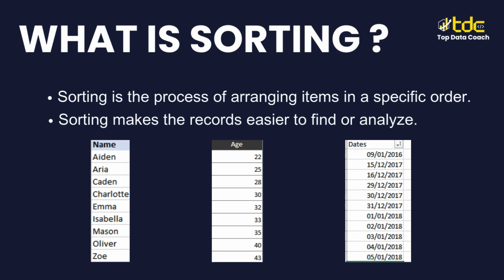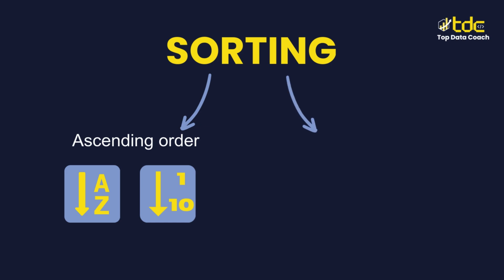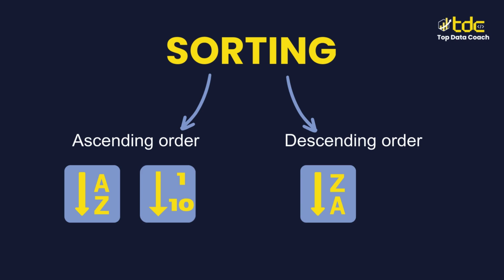Sorting can be done in ascending order, where the values increase, like A to Z or 1 to 10. Or it can be in descending order, where values decrease, like Z to A or from 10 to 1.